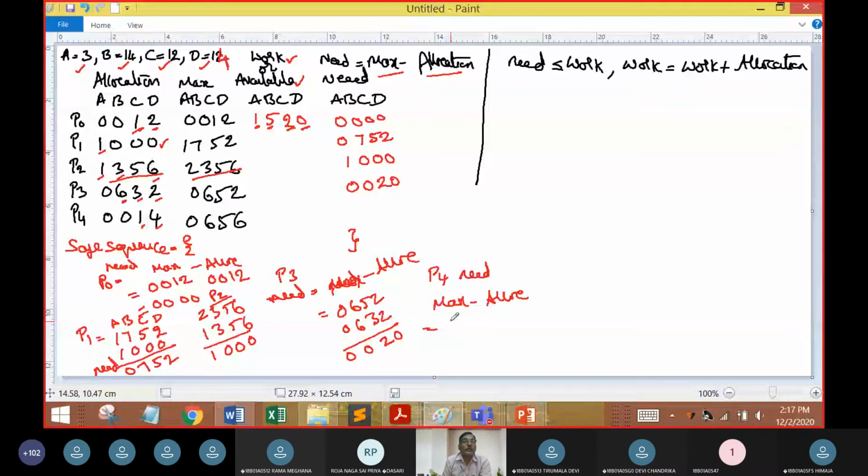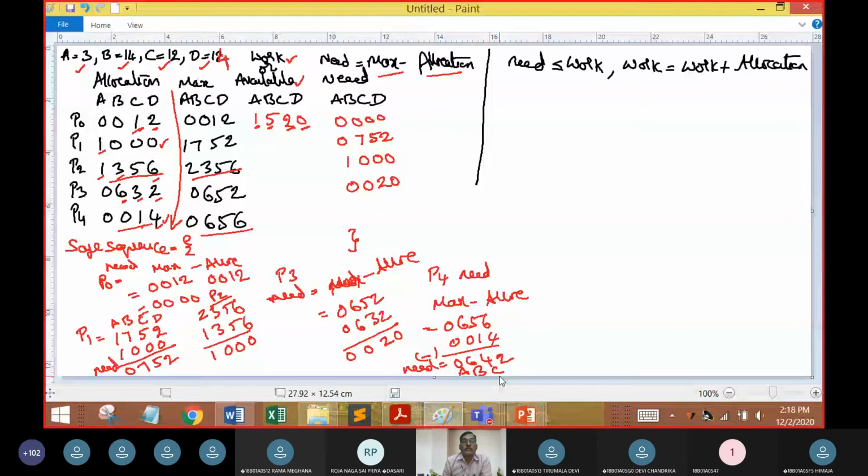So now we make a subtraction to get the need. 0 minus 0 is 0, 6 minus 0 is 6, 5 minus 1 is 4 and 6 minus 4 is 2. So A is 0 instances, B is 6 instances, C is 4 instances and D contains 2 instances.